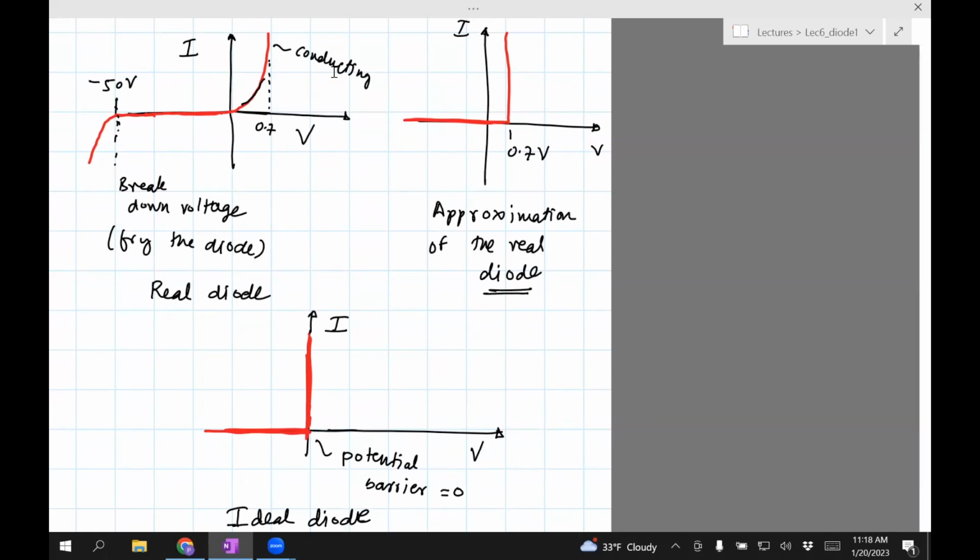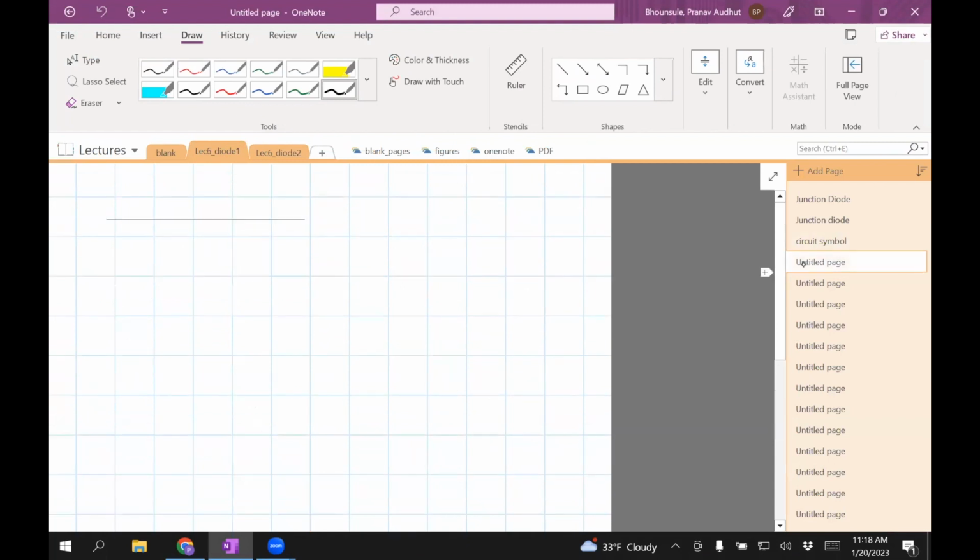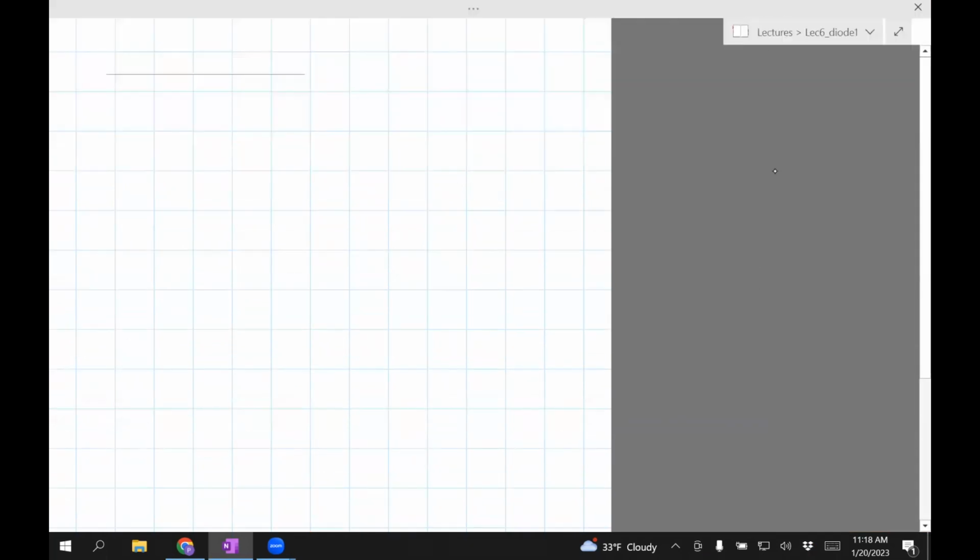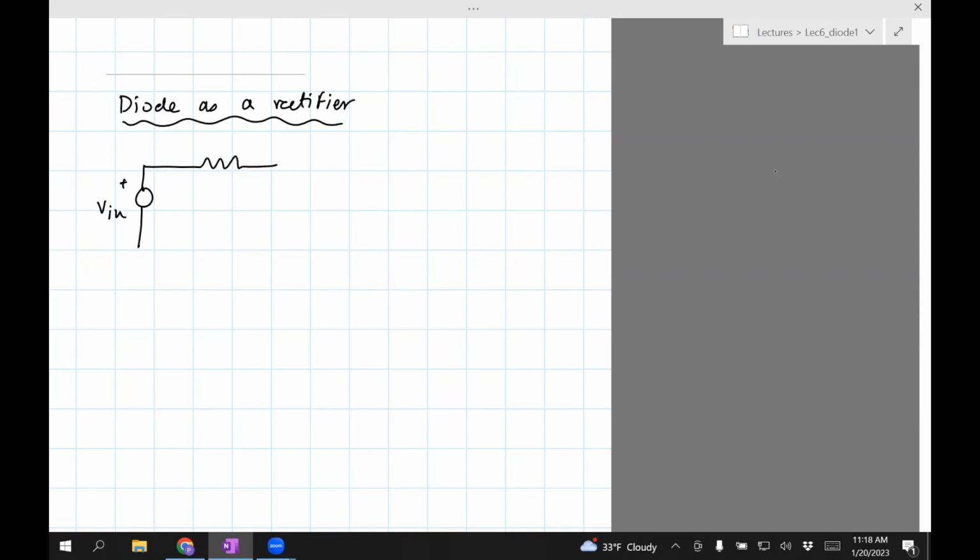Let's look at a circuit involving a diode. This circuit is known as a rectifier. It's a pretty simple circuit. We connect a voltage source to a resistor. That goes to a diode, like so.